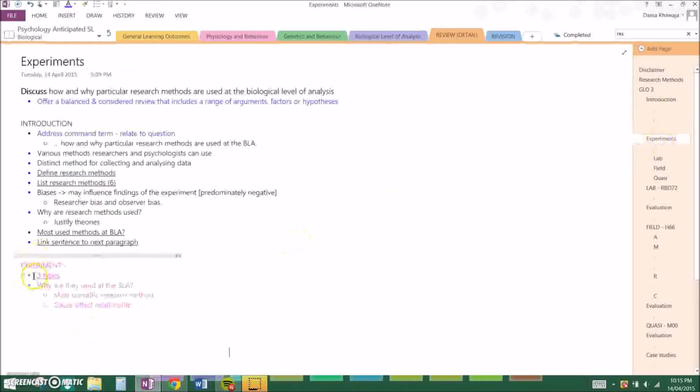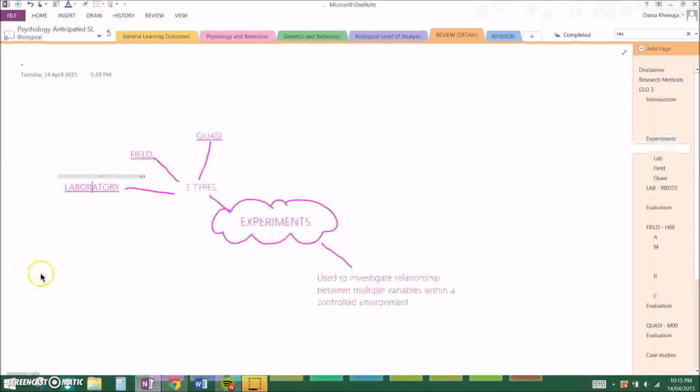So basically experiments, this is another paragraph. So all of these boxes, excluding that one, this one and this one, these are just paragraphs that I've written. And so experiments, there are 3 types, and first I will go on to define experiments or say why they are used, and they are used to investigate a relationship between multiple variables within a controlled environment.